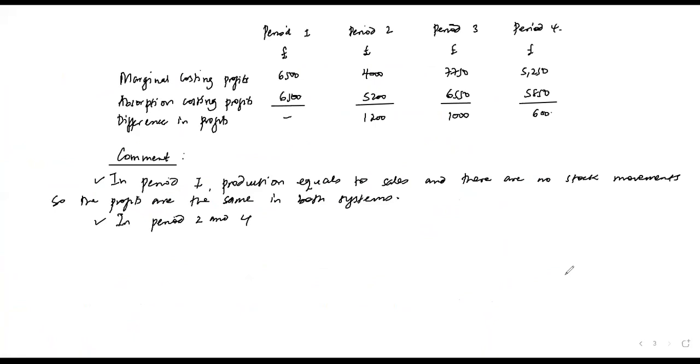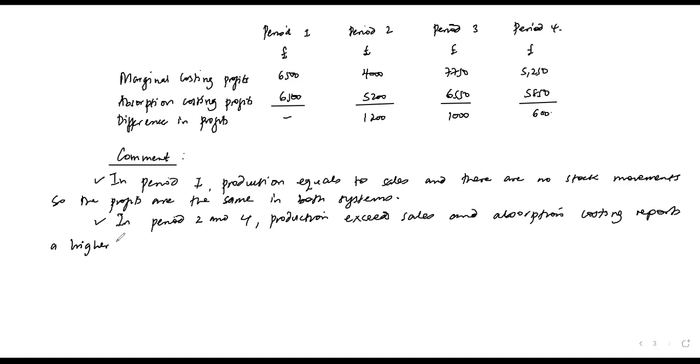In period 2 and 4, production exceeds sales, and absorption costing reports higher profits.